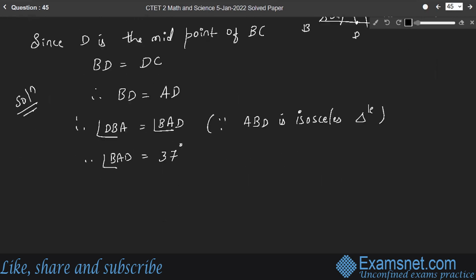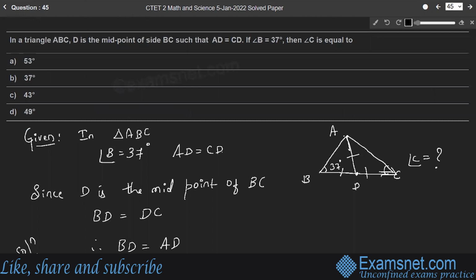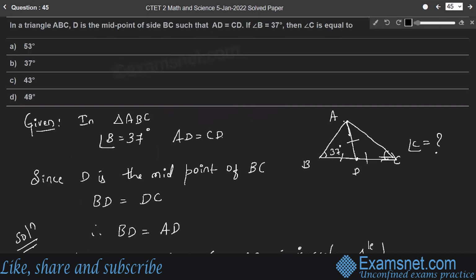Therefore, angle BDA is equal to 180 minus angle BAD minus angle DBA. So, sum of the three angles in a triangle is equal to 180 degree. Therefore, BDA is equal to 180 minus 37 minus 37, that is 74. Therefore, it is 106 degree. Angle BDA is 106 degree.